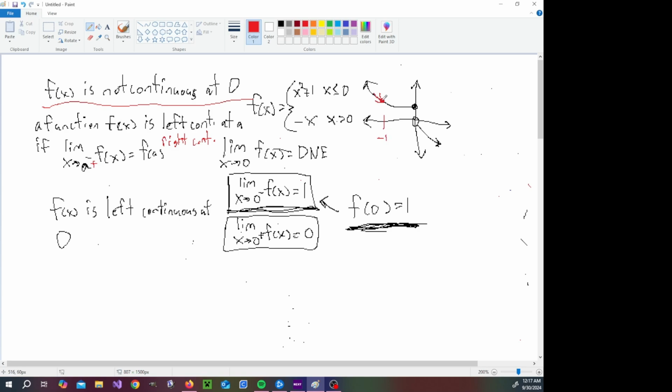More than just being left continuous, we are also right continuous, and we are also therefore just regular continuous at that value. So I can even say right and left continuous gives me just regular continuous, right? That's supposed to be an arrow.